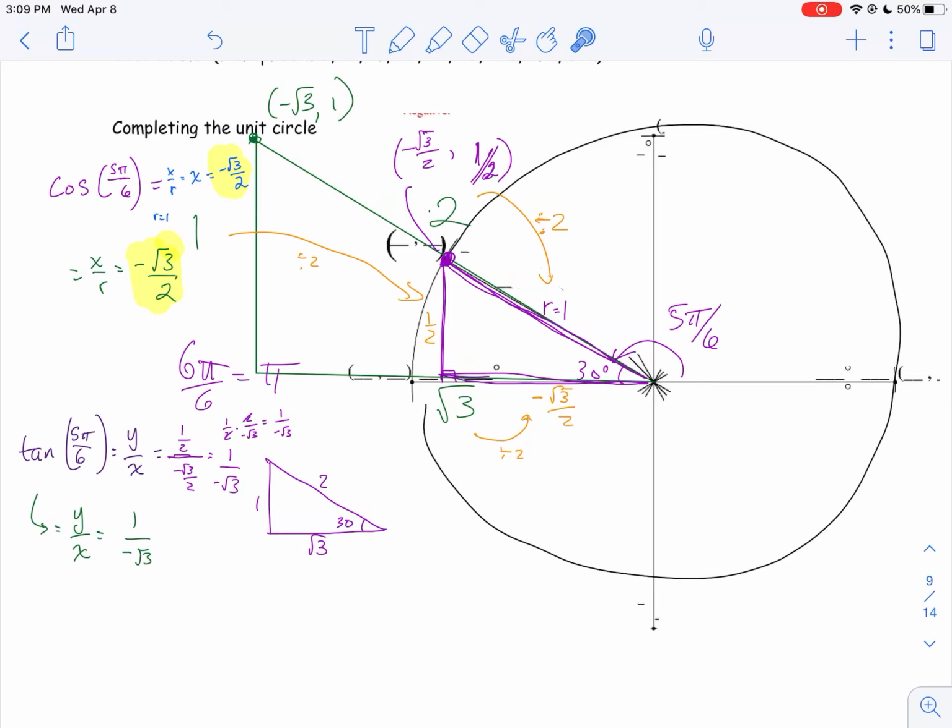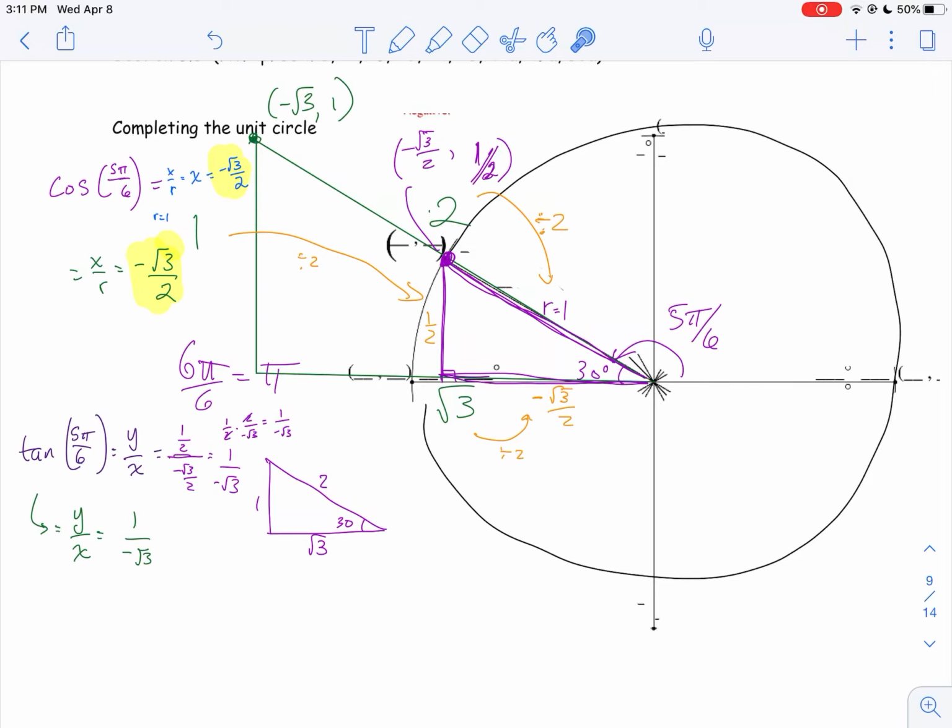Okay, so let me run through that one more time since I messed that up. So I'll just start from kind of the beginning. So working with cosine of 5 pi over 6, we get a radius of 1. If we want to use a radius of 1, then we have to think about the ratio of this triangle, 1, 2, square root of 3. This is 2 because it's twice as big as this one.